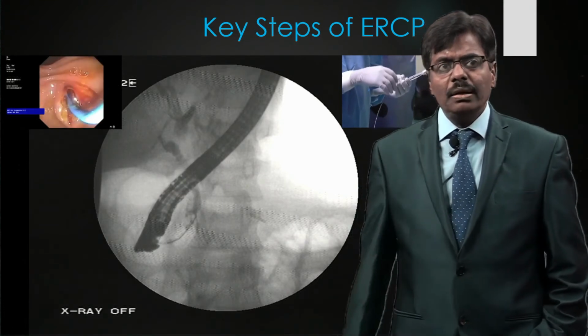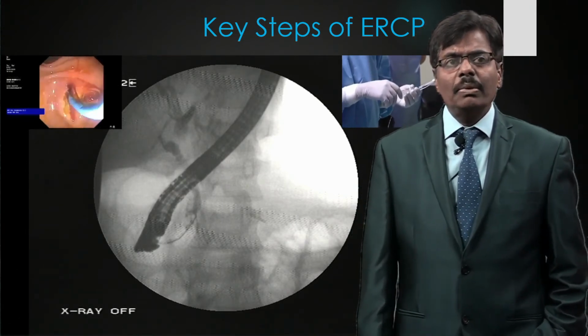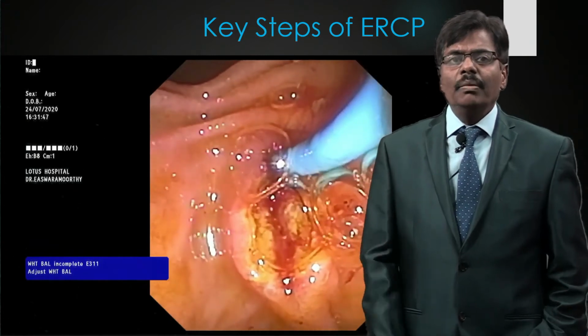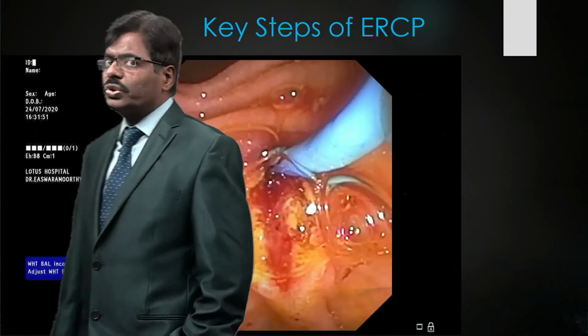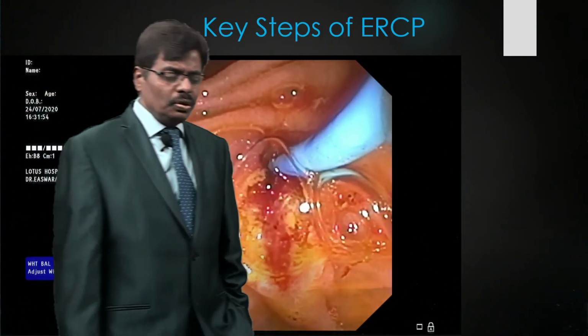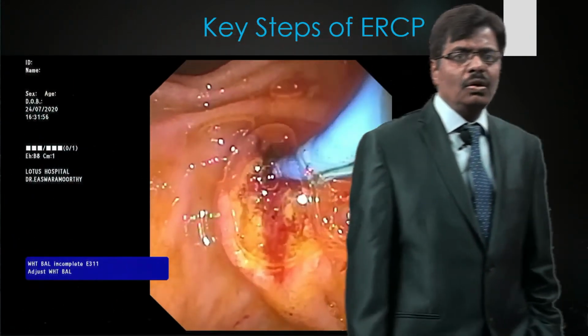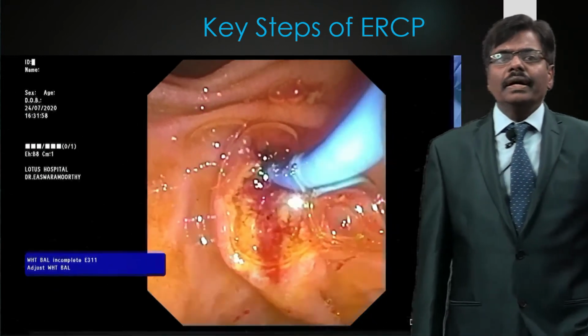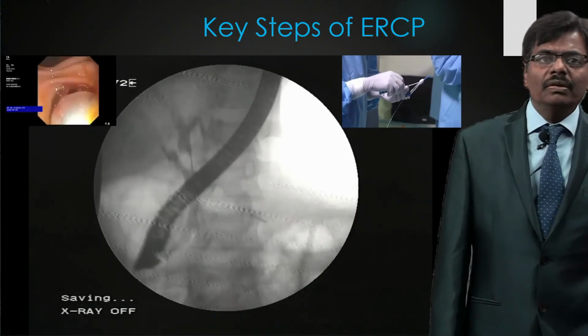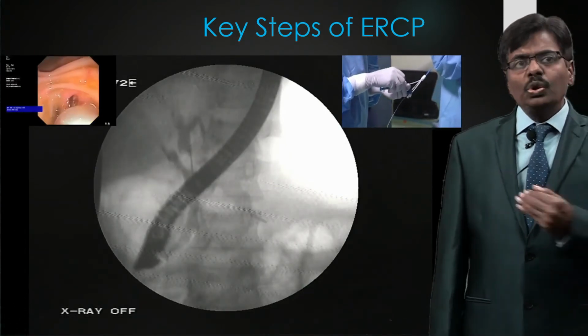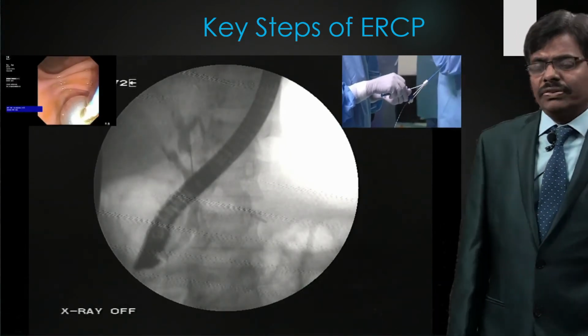Now I am deflating the balloon, then going one more time up, then pulling it down to ensure for a final time that there is no sludge inside. Okay, so this procedure, if it goes well, it will go so smoothly, and this is more or less like an unedited video. As you can see, this is a final sweep, what we call the balloon sweep. So that is very satisfactory.